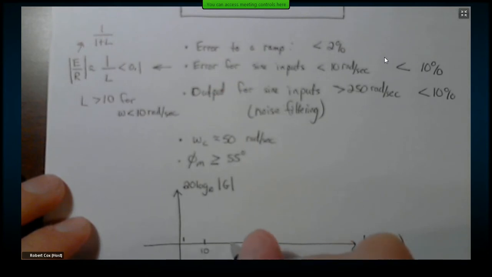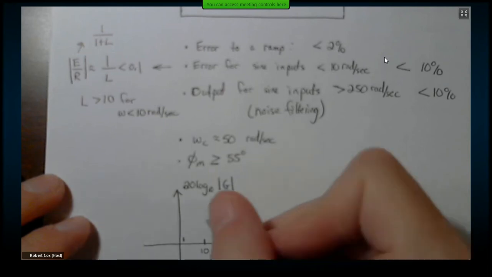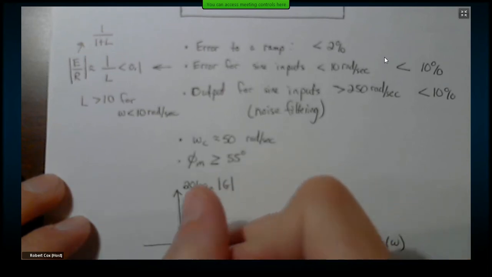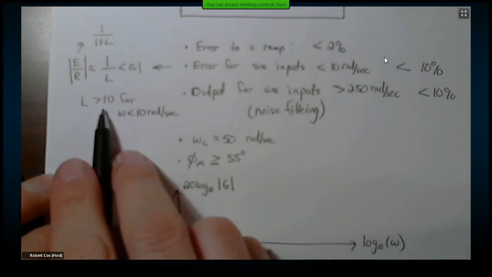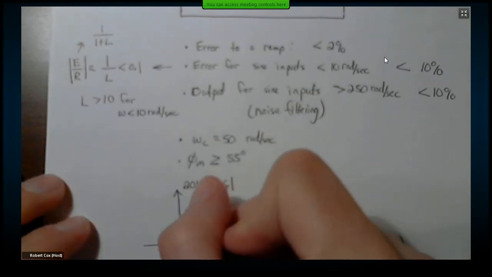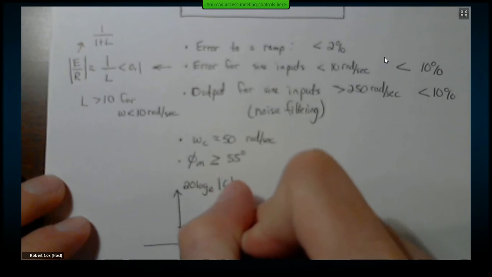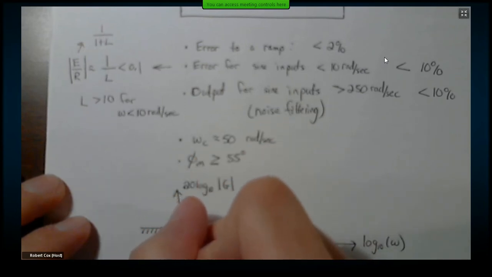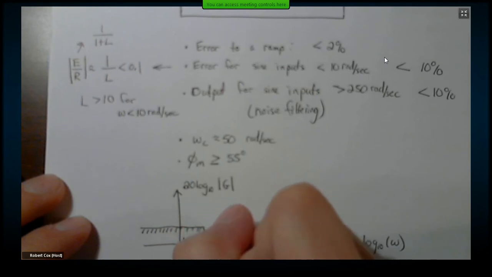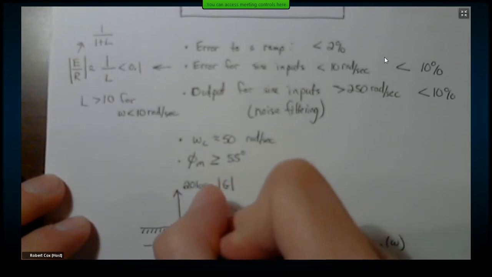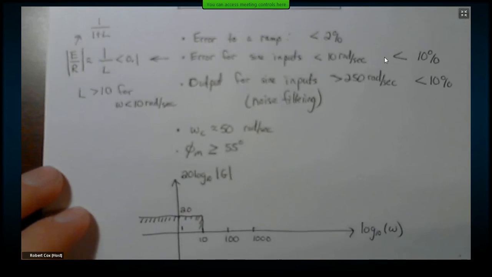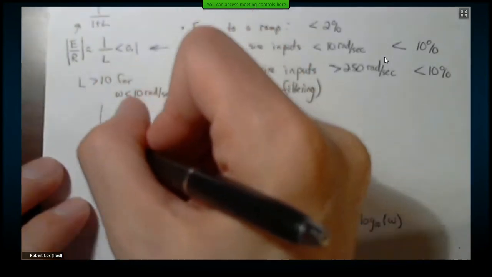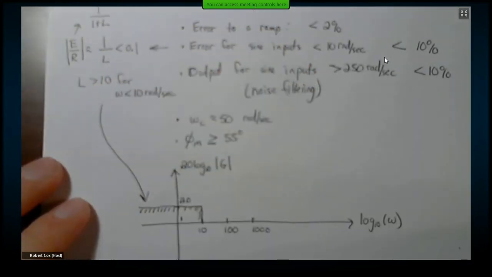Here's 10. Here's 100. Here is 1,000. So since 20 log of 10 is 20 dB, I show that I have a low frequency obstacle here at 20 dB. Okay, that's basically this.